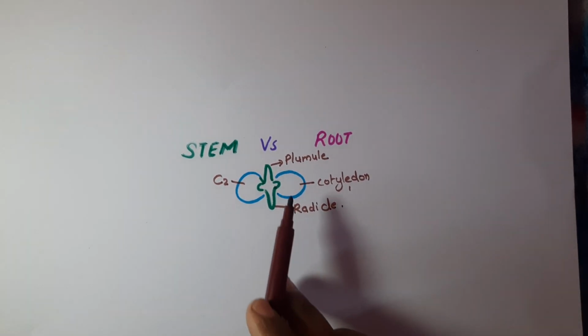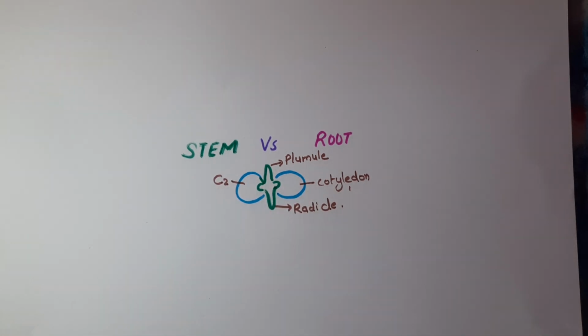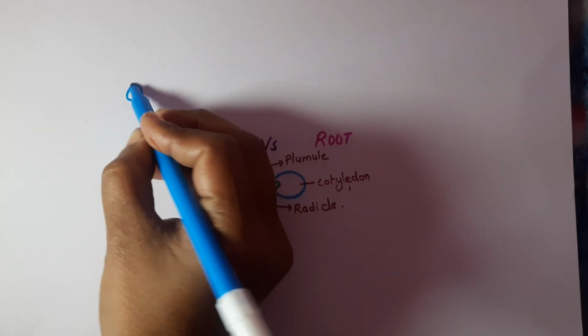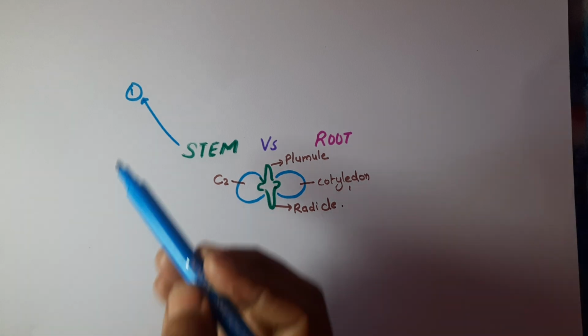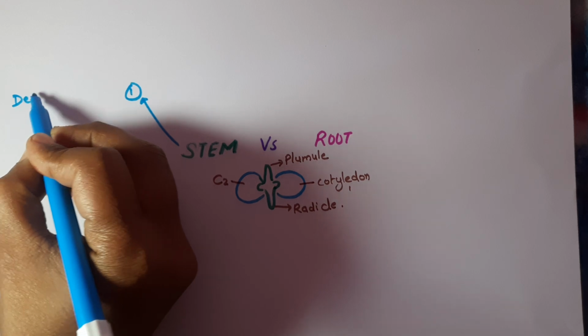So why am I showing this seed diagram to you? Because this is the first difference between the stem and the root. The first difference is that the stem is developed from plumule.